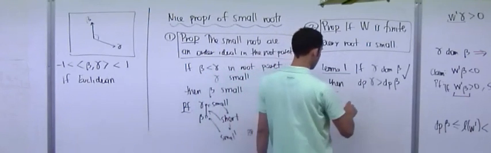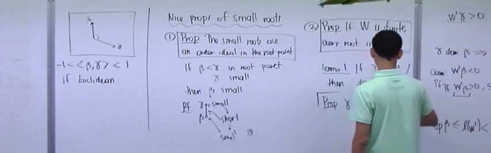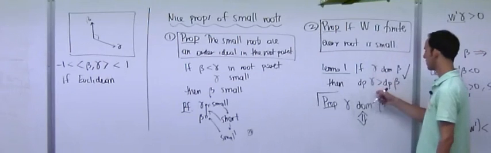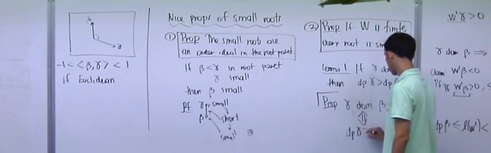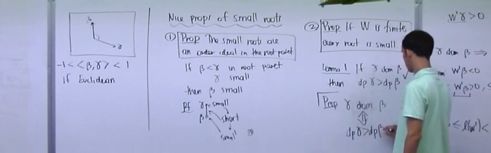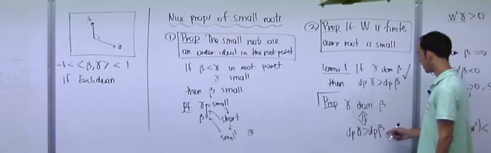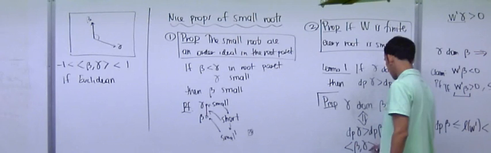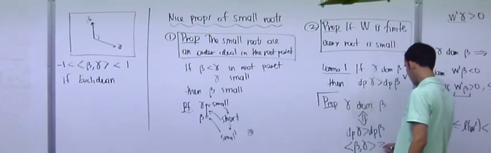Proposition: gamma dominates beta if and only if... I mean, the question is how strong is this? So to dominate beta, you must have this condition, and you probably need something else, right? And what you need is exactly that. The angle between beta and gamma is, you can imagine, greater than or equal to 1.